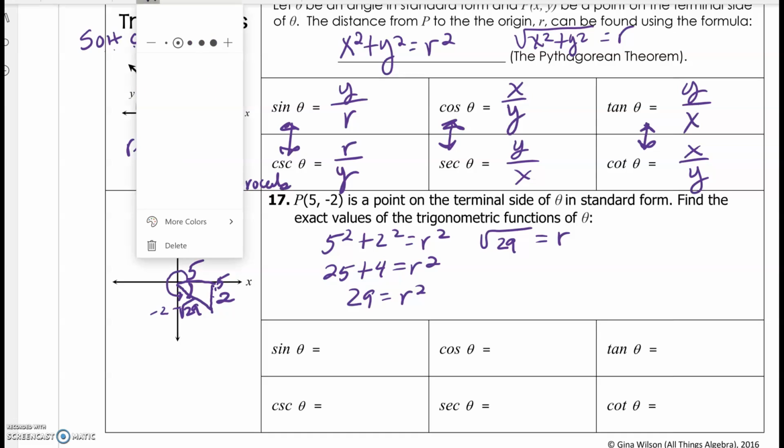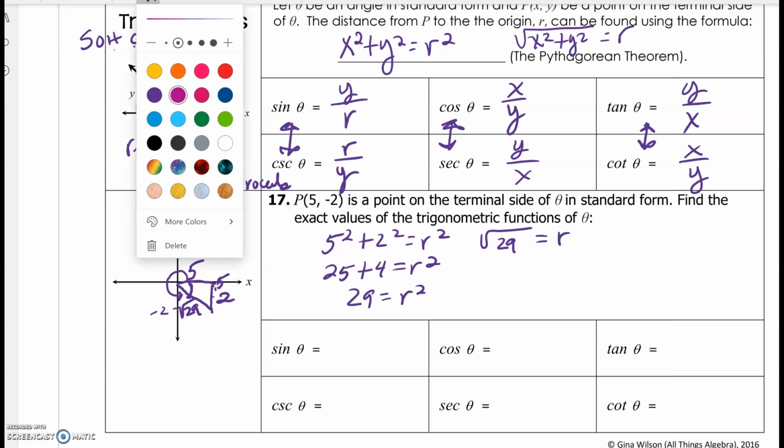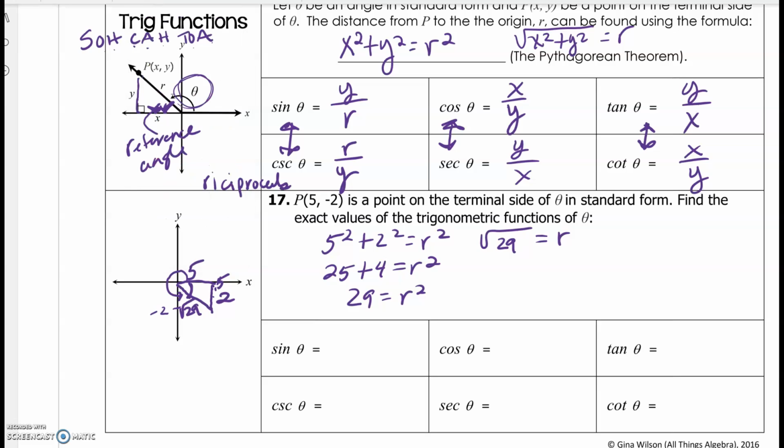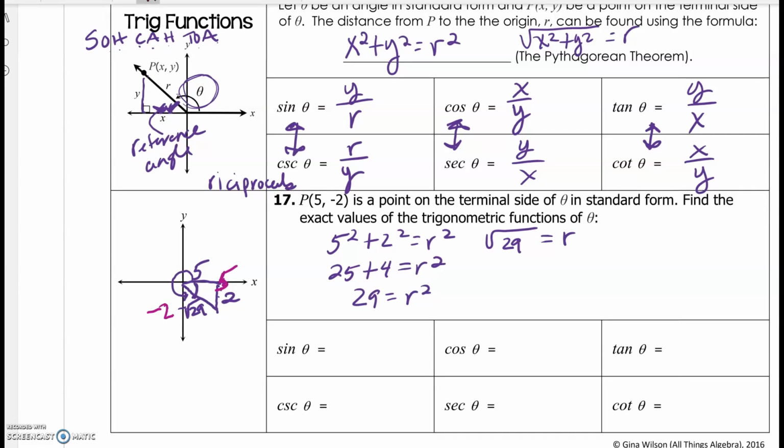I think I need to do some changing colors here, because I think it's confusing. So I want to change this to positive 5, this to negative 2. And that represents our little point right here. Five, negative 2. All right, let's go back to purple.